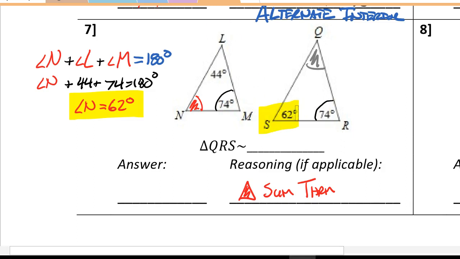We have two congruent angles, meaning similar via angle-angle. And triangle QRS is similar to triangle LMN.